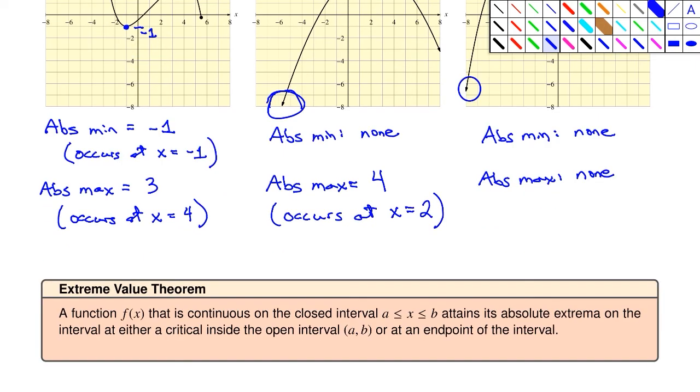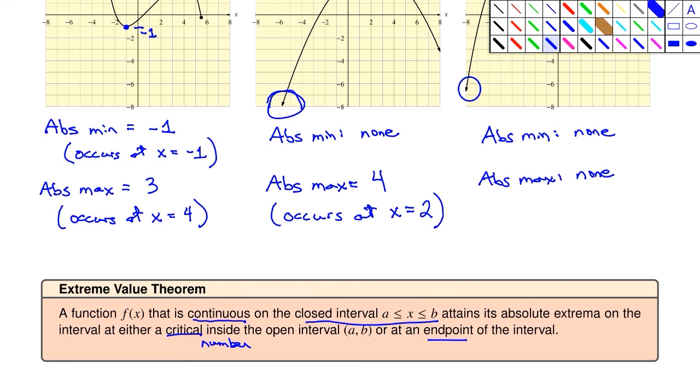One of the most important theorems of this section is called the Extreme Value Theorem. It says a function f of x that is continuous on a closed interval, a to b, obtains its absolute extrema, so both a min and a max, on the interval at either a critical number inside the open interval from a to b or at an endpoint of the interval from a to b.